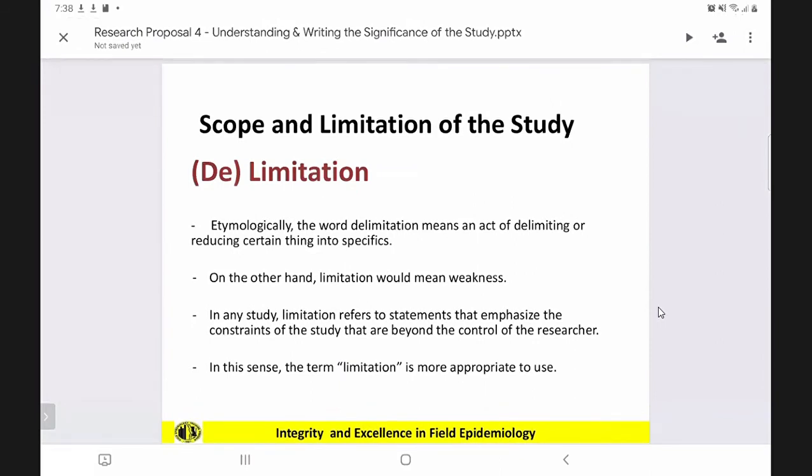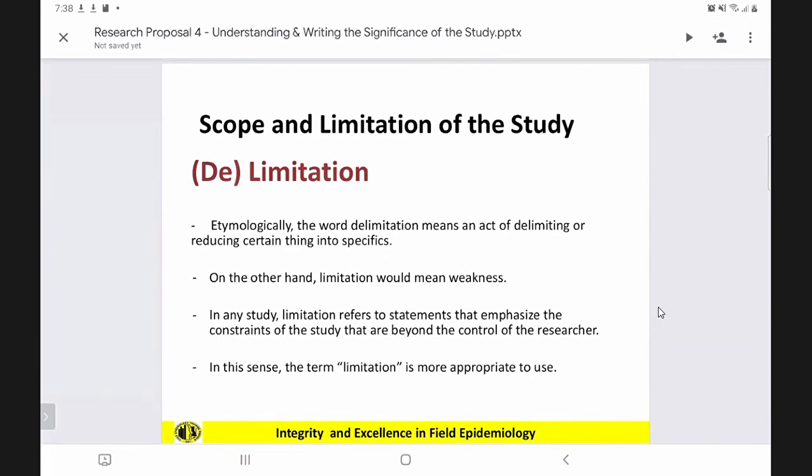When we talk about delimitation, etymologically it means an act of delimiting or reducing certain things into specifics. On the other hand, limitation would mean weakness.